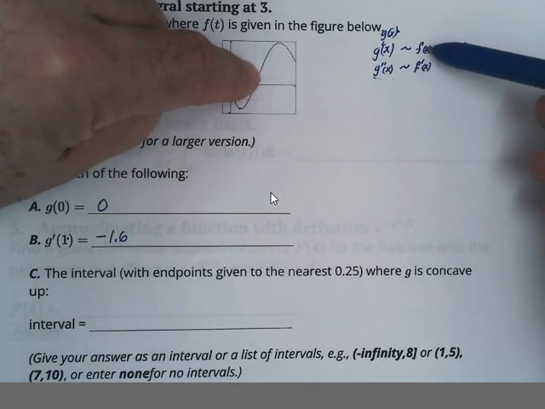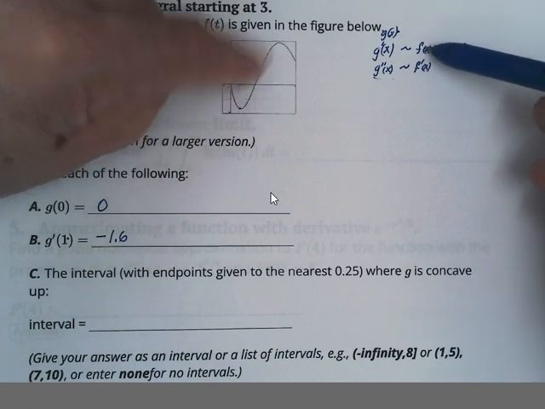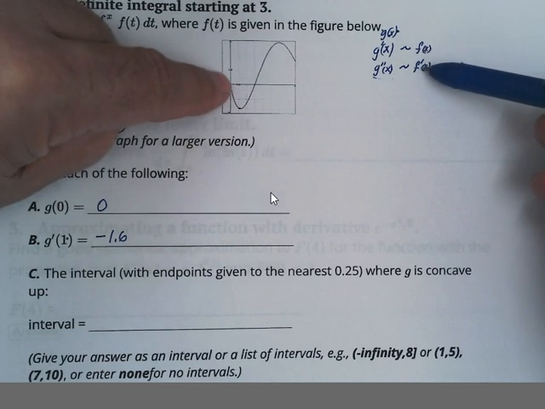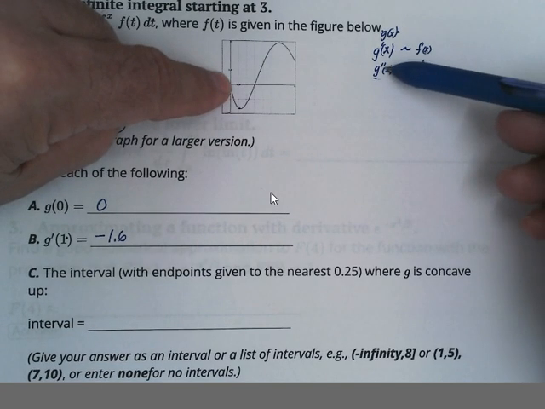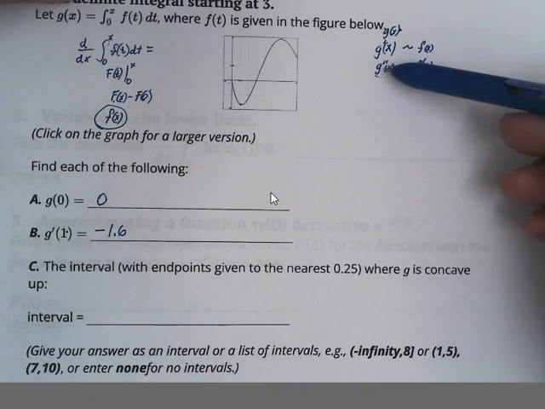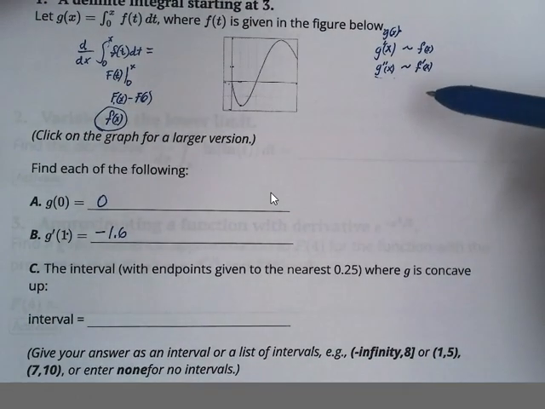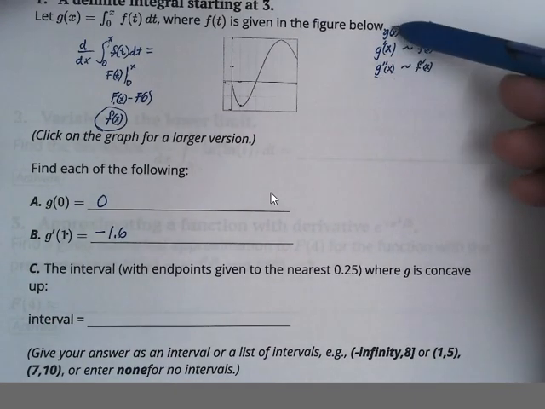And the derivative of a graph is talking about the slope of this. So if the slope of this graph is positive, that means the second derivative of that graph is positive. And if the slope is positive, then we're concaved up in that graph.